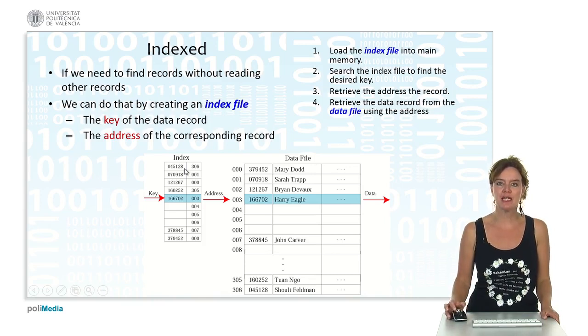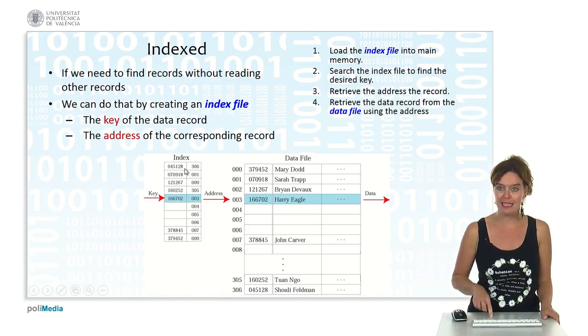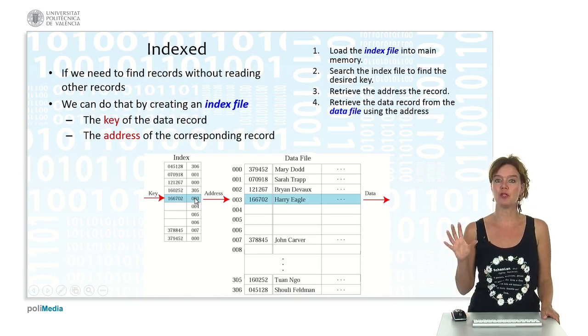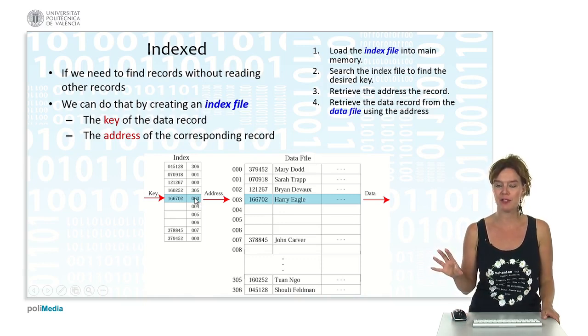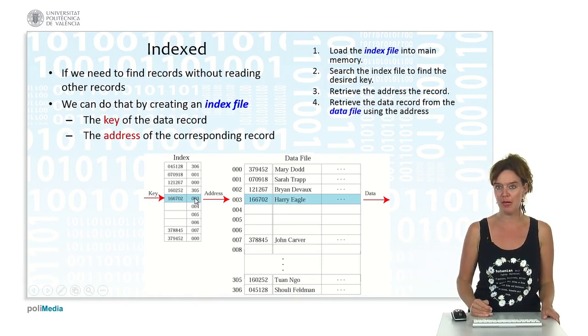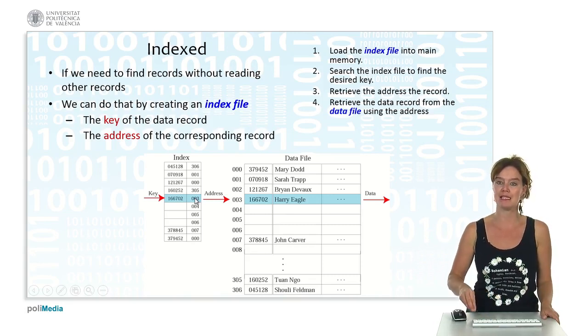We search the index file to find the desired key of the record we're looking for, and we get the address that belongs to this specific record. We then retrieve only the data record from the data file using the address. So we don't need to load the whole data file into memory, and we can just access it directly on disk.